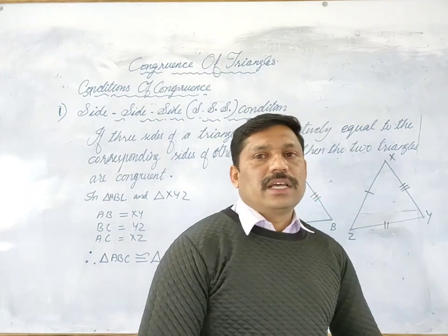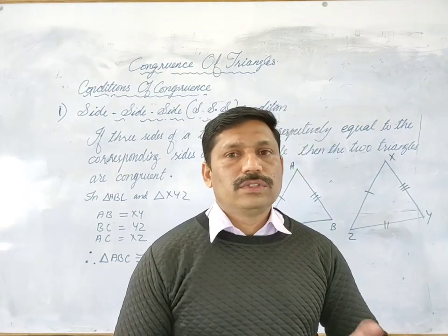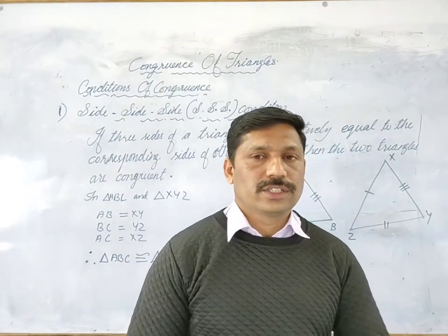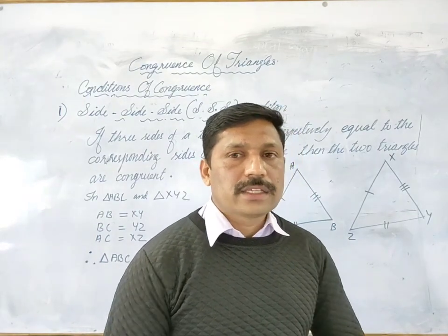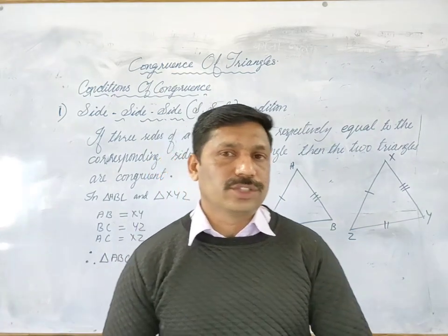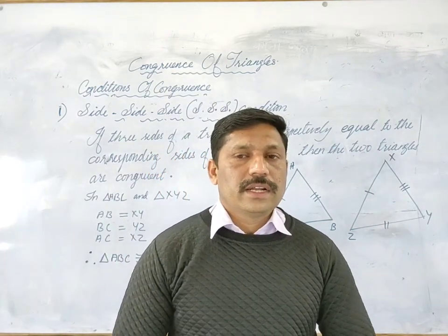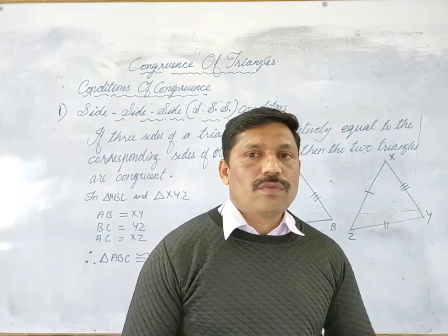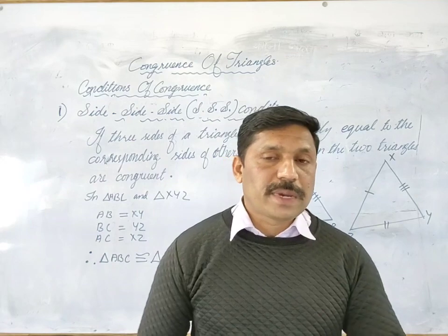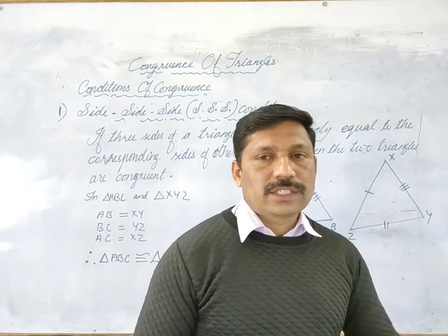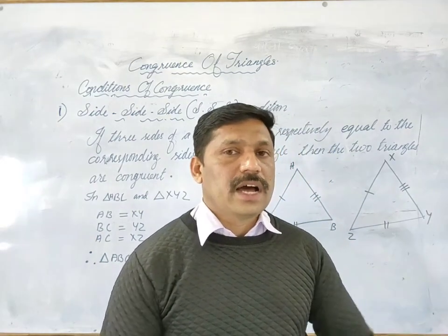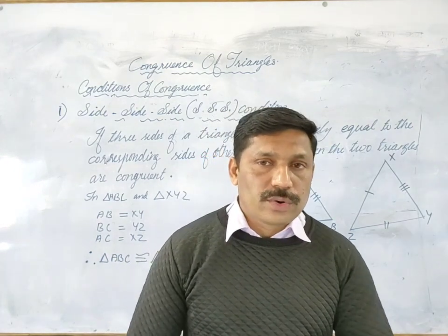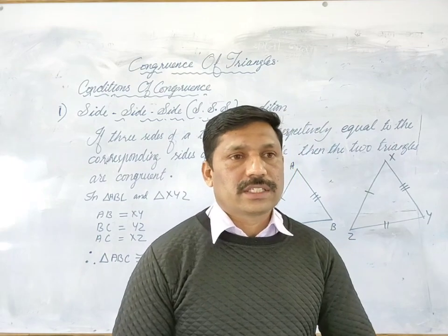What do you mean by S condition, or how are two triangles congruent by S condition? If the three sides of one triangle are respectively equal to the three sides of the other triangle, then we can say that these two triangles are congruent by S condition.